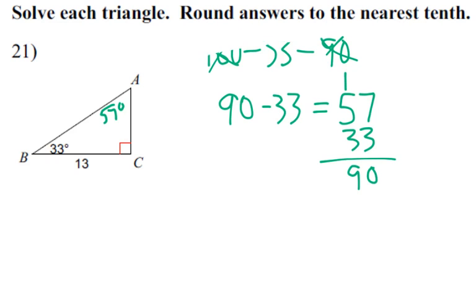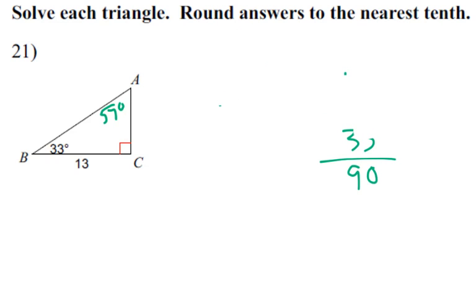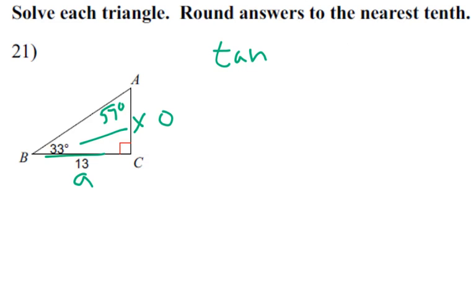Now I need to figure out a side, right? Well, to do that, okay, we can either find the hypotenuse or we can find that one. I'm going to find the hypotenuse. Okay. Well, actually, maybe I'll find that side. So that would be opposite. That would be adjacent. So with 33, I would go the tangent of 33 degrees equals the opposite over the adjacent.